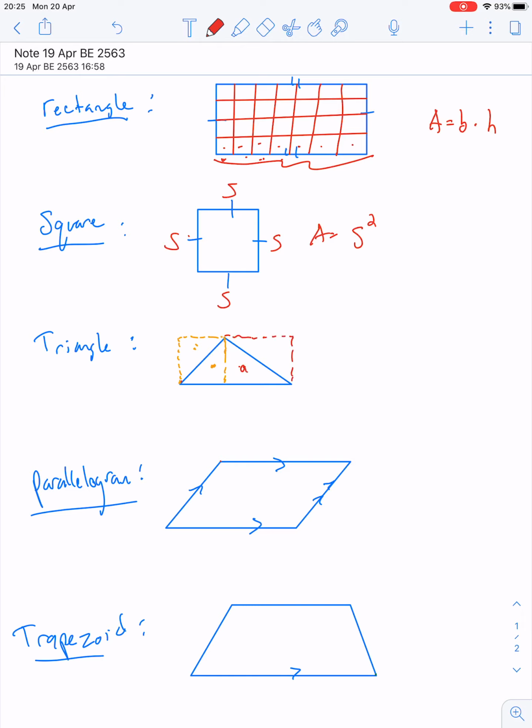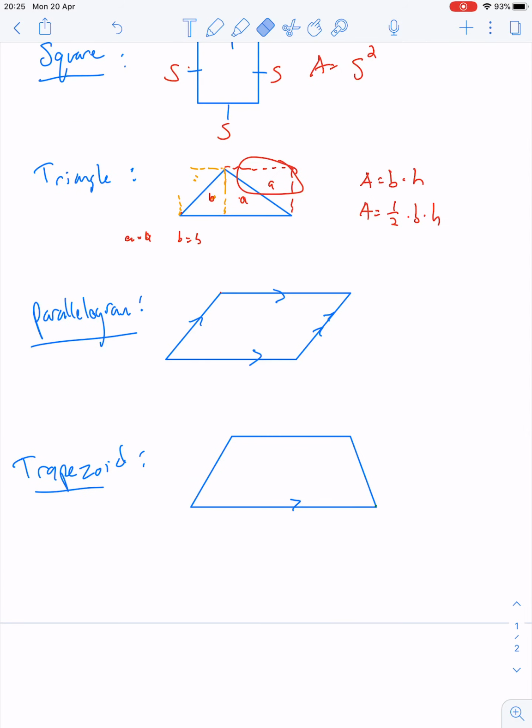So if I call this A, A is equal to A, B is equal to B, you can see that this is just another base times height. Shouldn't use B then, that'll confuse you. But it's just base times height. So if I get rid of one of the triangles and another of the triangles, it's just half of that rectangle, right? And that's where the area becomes half times base times height. We're losing half of our rectangle. That's the idea. Cool.